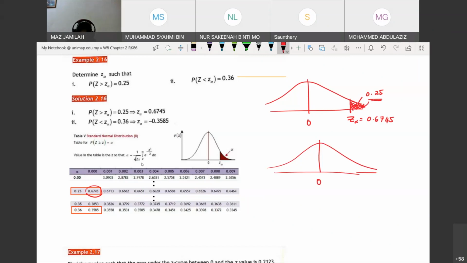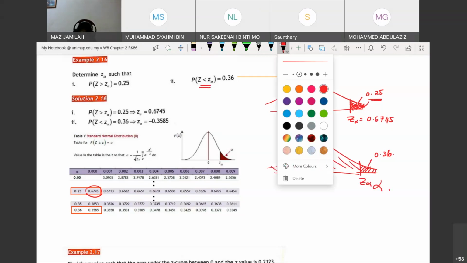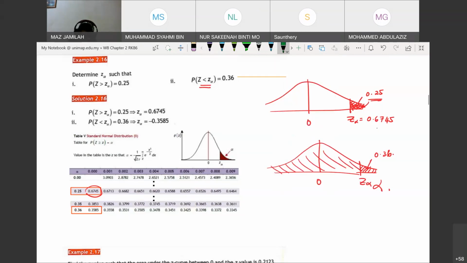What if now you have alpha 0.36? Let's put alpha here, 0.36. But now look at the sign. If I'm talking about the sign less than, it should be the area less than here. So in this case, the z alpha here is wrong. Now you need to ask, what if my region is somewhere over here, which is 0.36, and I'm talking about a negative z alpha.